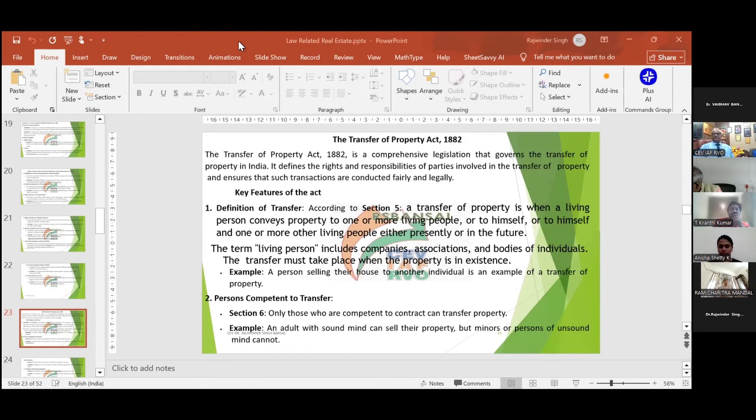Now we will discuss who are the persons who are competent to transfer. Everyone is not competent. Who is competent to transfer? Transfer of property is a form of contract. So if a person is competent to contract, he is also competent to transfer the property.